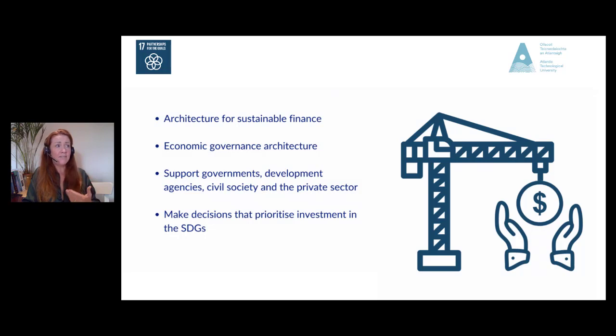It's believed that the world needs economic governance architecture deliberately designed to support governments, developmental agencies, civil society and the private sector to make decisions that are for the greater good, that serve everybody, not just the jurisdiction or the particular group behind the benefits of that finance.